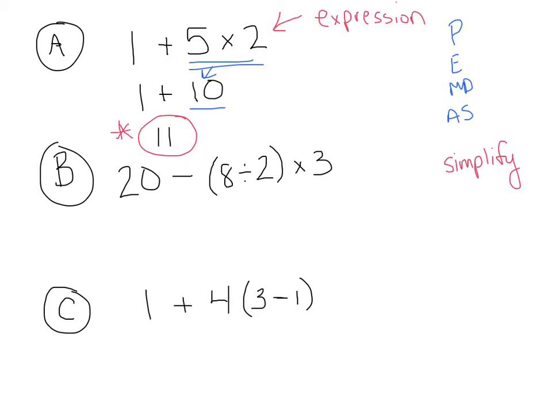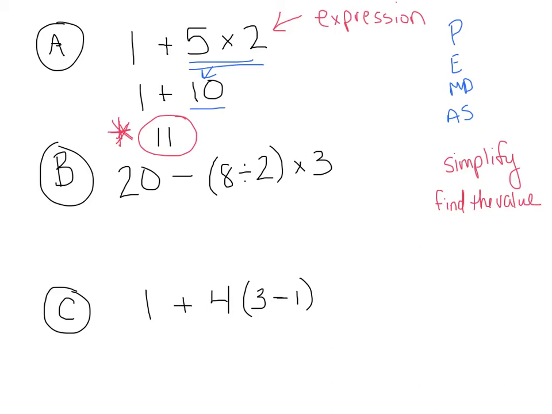It's not technically solving because it's not an equation. You're not solving for a particular value. You're finding what the answer is. So you're simplifying, or the text will also say find the value, which basically means get down to the answer. Work it out as far as you can go.